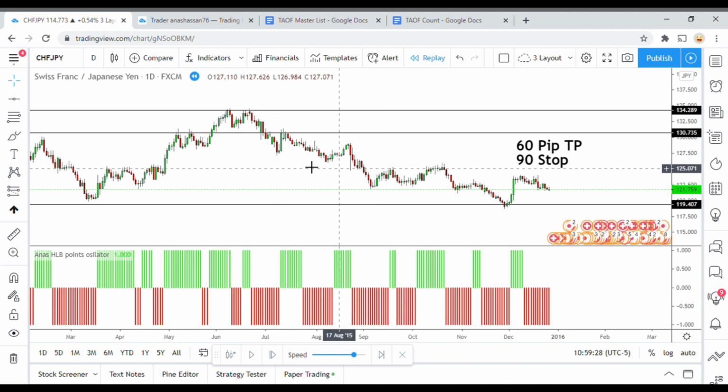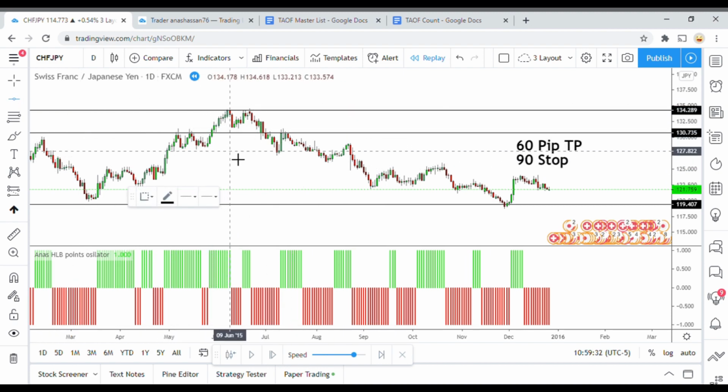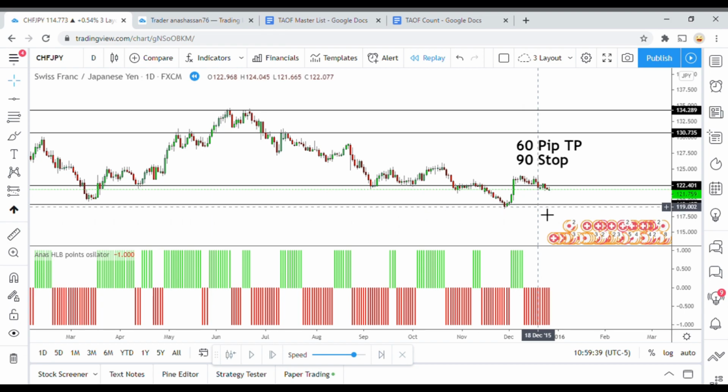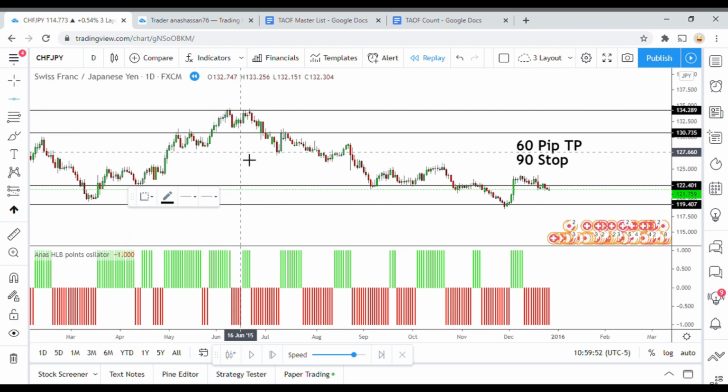Now everywhere else we're looking for areas that have at least 2 points of contact, some kind of noticeable reversal point. So we'll mark off this area right here. You can see that it touched there, it touched there, it touched here. It kind of touched there, but that's a little bit uncertain, and it touched here. So multiple points of contact.